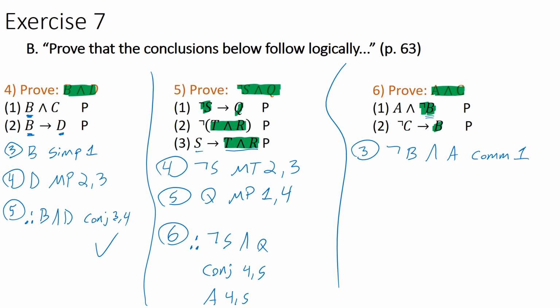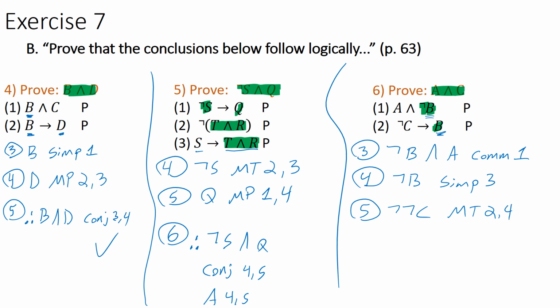And then you can simplify for line 4. We can get not B by the simplification of line 3. And we have not B, that's denying the consequent there, so we can thereby deny the antecedent. So for line 5, we can get not C, modus tollens, lines 2 and 4.